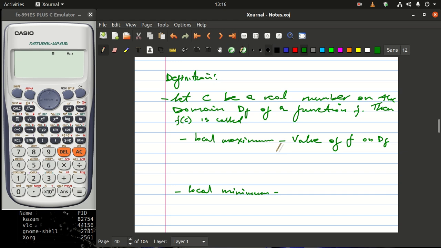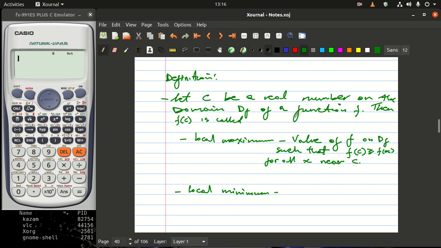such that if I take f of c, I take c and plug it inside f, this value is always greater than or equal to f of x for all x near c.